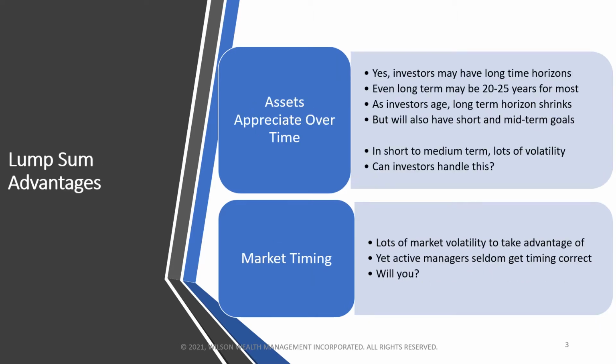So we saw the big advantage of lump sum investing is that assets appreciate over time. The sooner that you purchase that asset, therefore, the longer you have in a time period for it to appreciate and grow.